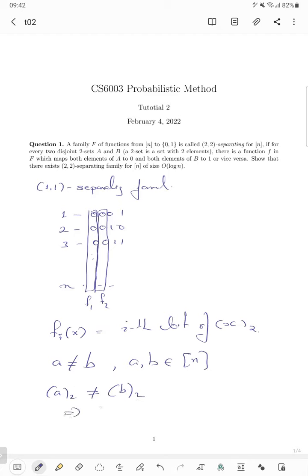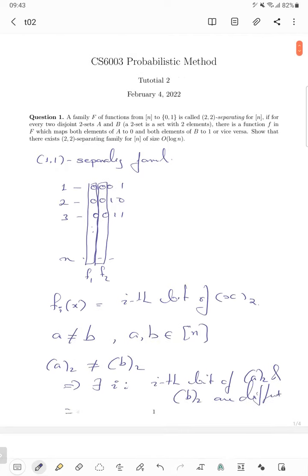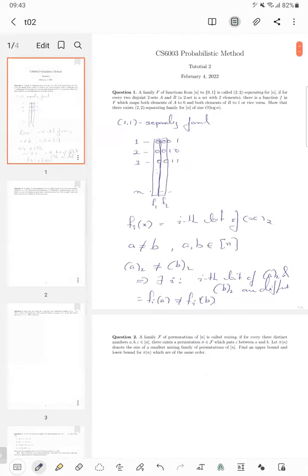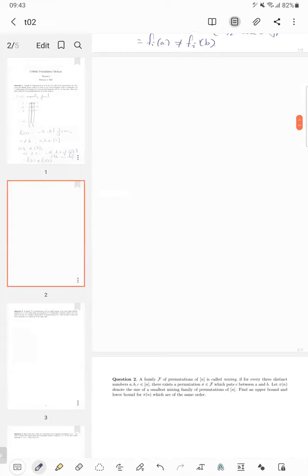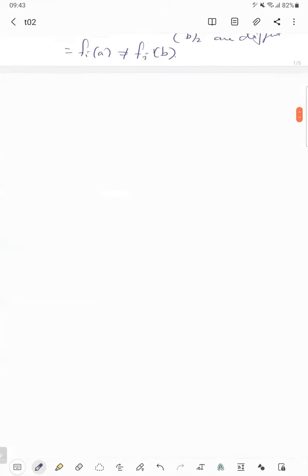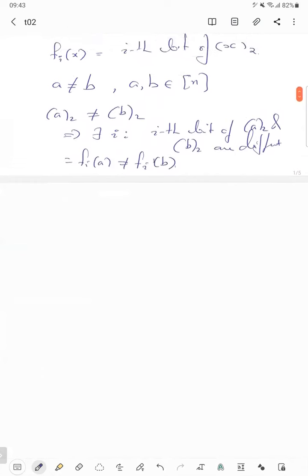That means there exists a bit position i such that the ith bit of a and b are different, which means fi of a is not equal to fi of b. So this fi is the function in the family which will separate a and b. Is it clear? Yes, sir. Okay.